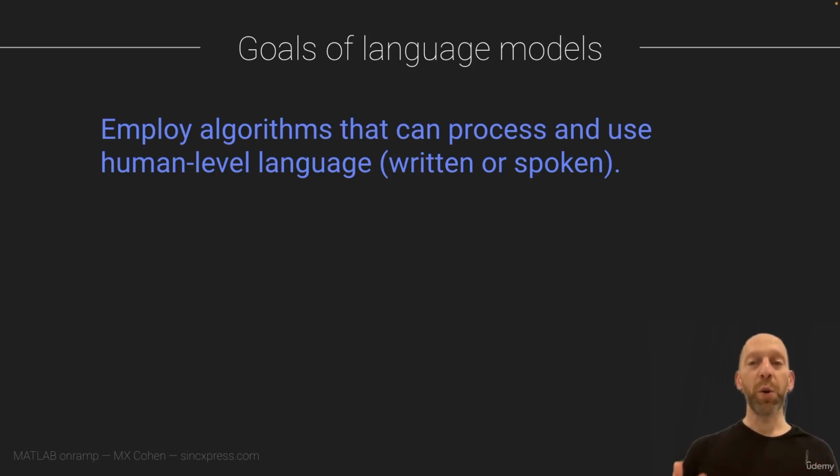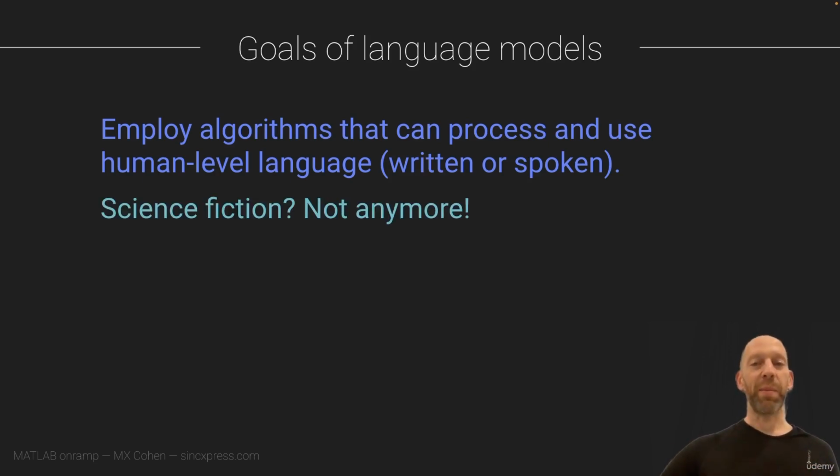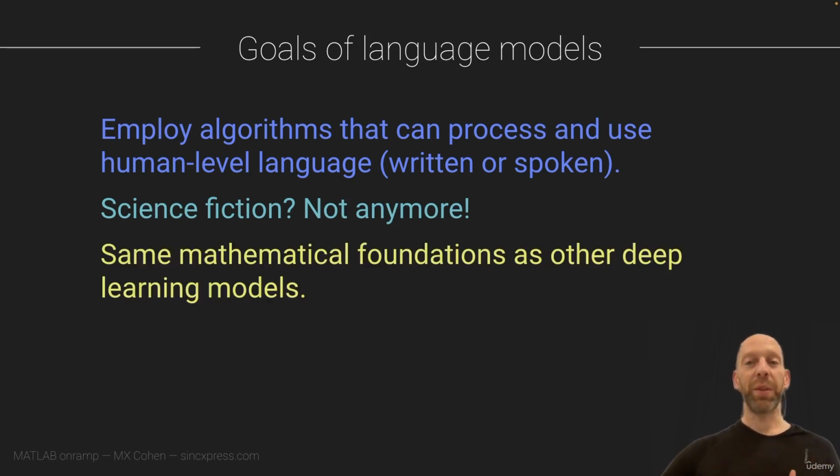Now, if you are new to deep learning models, then it might sound like science fiction, and it actually was sci-fi until fairly recently. Now, the underlying principles of language models are actually very simple. It's just a weighted linear sum, like what I presented earlier, and a simple nonlinear function.